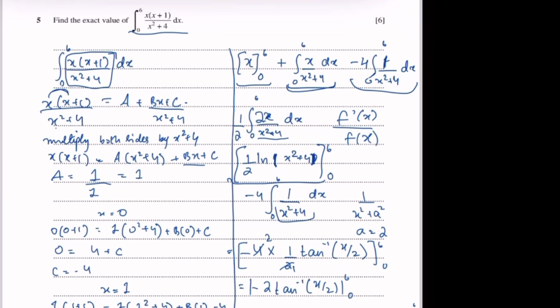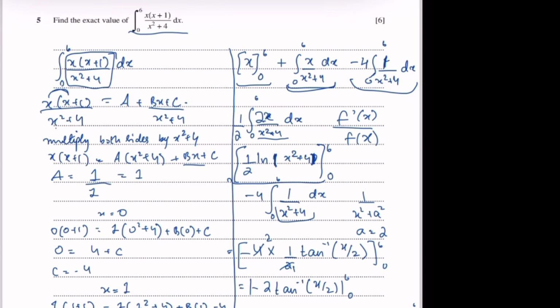Now we have to be very careful in these steps because it is very much possible that we might make any kind of silly error, like a sign mistake or copying a number incorrectly, right? So let's see. This becomes 6 plus ln 40 raised to power half minus 2 tan inverse of 3 minus ln 4 raised to power half. So I combine the ln terms together, which is basically 6 minus 2 tan inverse of 3 plus ln of 40 raised to power half and 4 raised to power half, right?